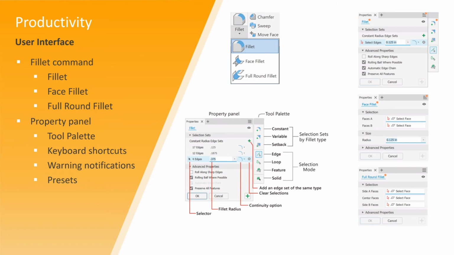So you will notice that when you start to use Inventor 2022 that the different fillet options are now in a little fly out tool palette type menu, which is quite a neat little enhancement.